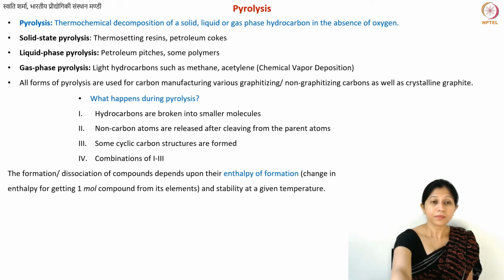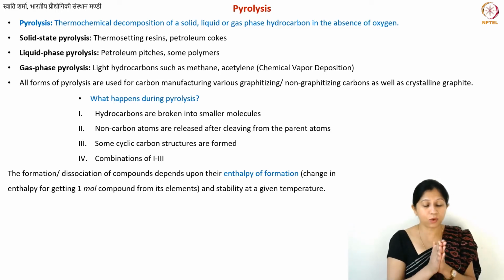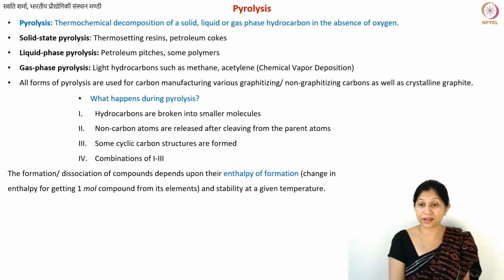Okay, fine. So what property determines which molecule, which compound, will be formed? There is something known as the enthalpy of formation. We also talked about it when we were discussing why graphite doesn't convert into diamond naturally, or diamond into graphite naturally.